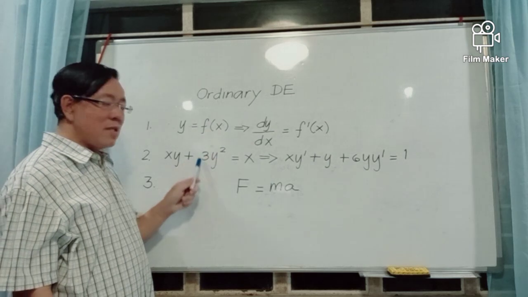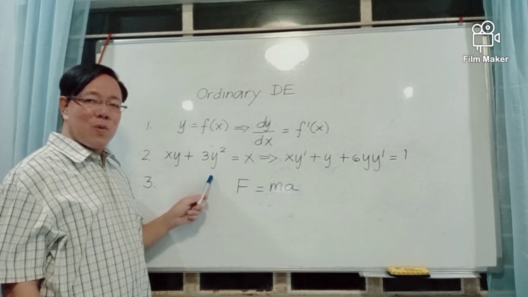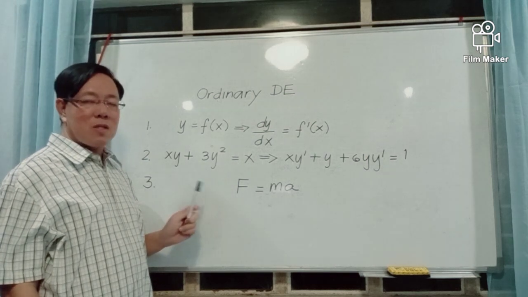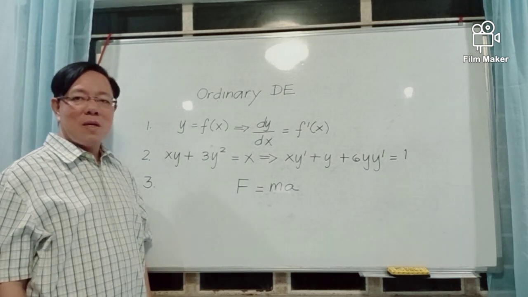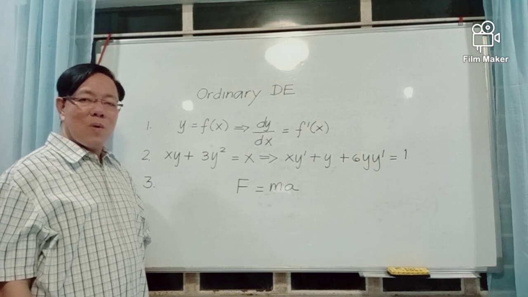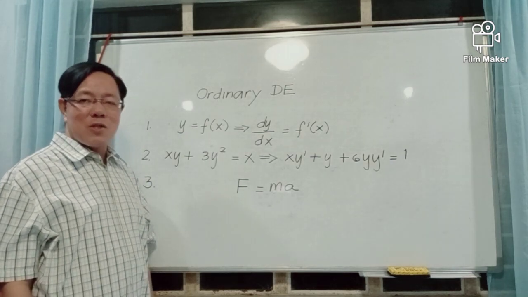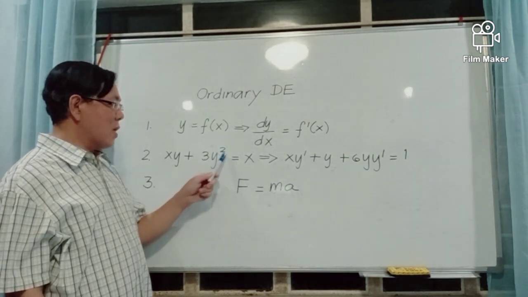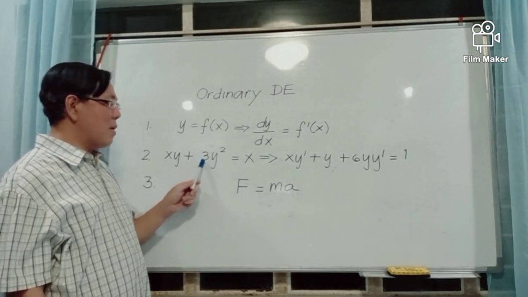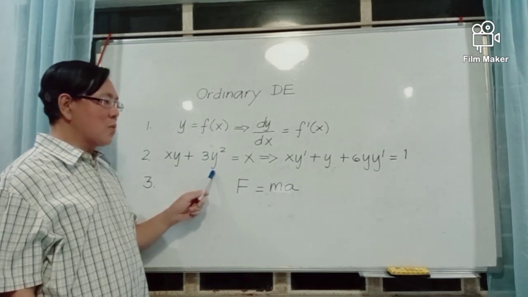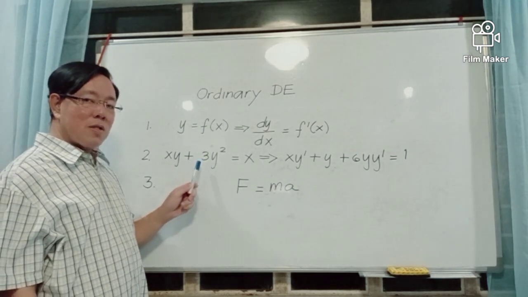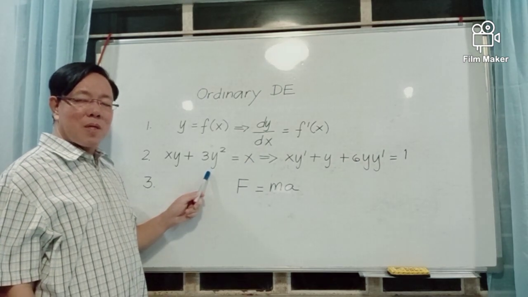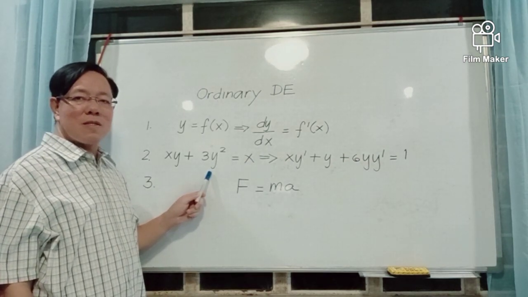Whenever you get the derivative of a function of y, multiply it by y prime because y is a function of x, and that's what is known as the chain rule. The derivative now of 3y squared is 2 multiplied by 3, 6 times y, or 6y times the derivative of y, y prime, because y is a function of x.